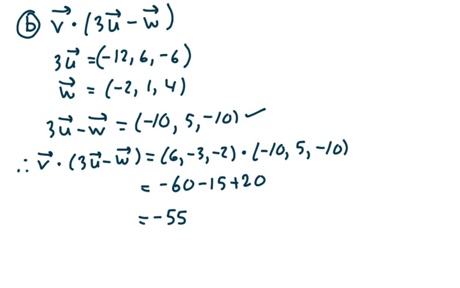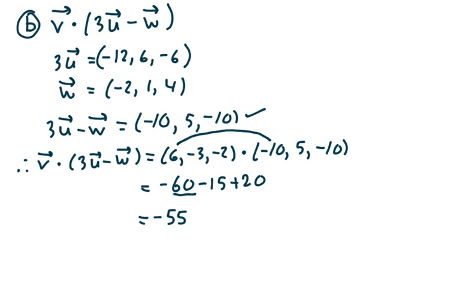So when I look at this dot product, I'm taking the dot product of V with 3U minus W. And so that's the vector 6, negative 3, negative 2, dotted with the vector negative 10, 5, negative 10. Now, when we do a dot product, right, I'm going to take 6 times negative 10 to get negative 60.